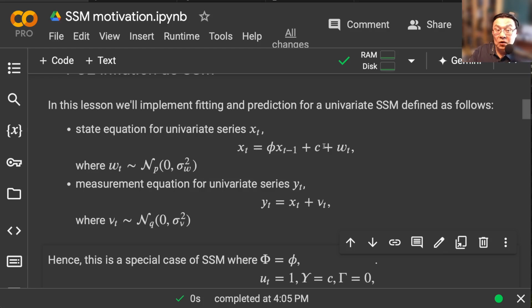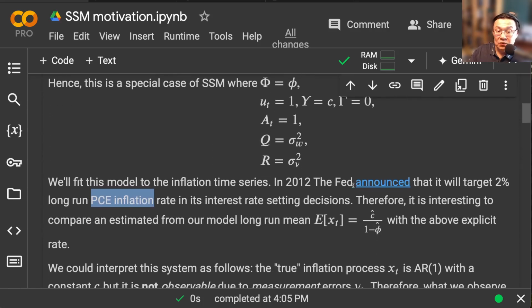So if there was no constant, then as you know from the AR(1) model, the long-run inflation should have been 0. But we know that's not the case. Why? Because the Fed said so. The Fed, in 2012, after a long period of being cagey about it, announced in January 2012, explicitly, that they are going to target a long-run inflation rate of 2%.